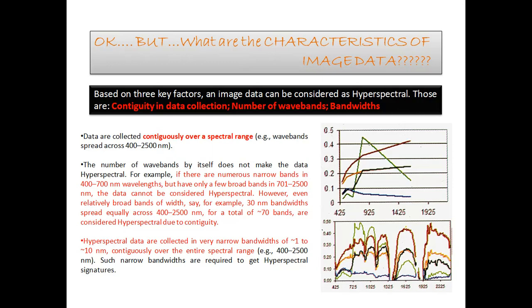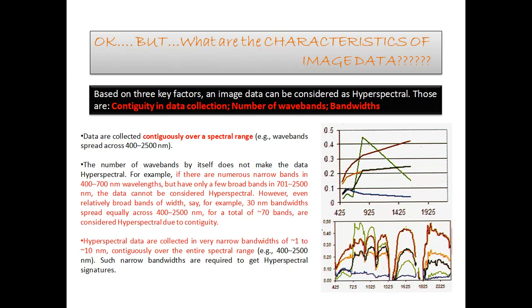What does it mean? It is very interesting and important. Suppose for any hyperspectral image data set, the wavelength range extends from 400 nanometer to 2500 nanometer, and within this wavelength range, 400 to 700 nanometer contains numerous narrow bands.